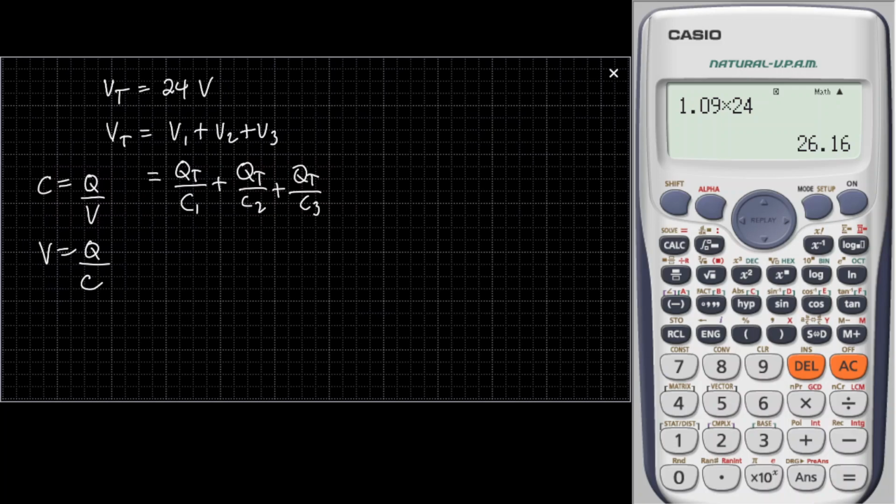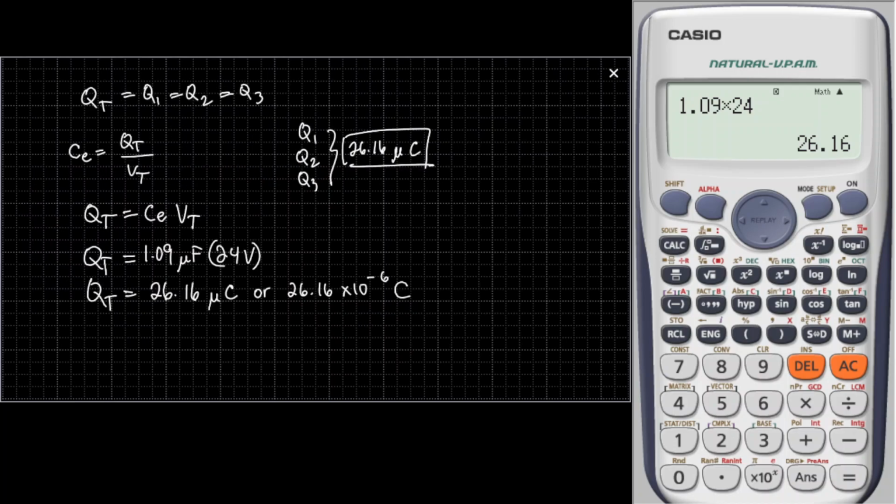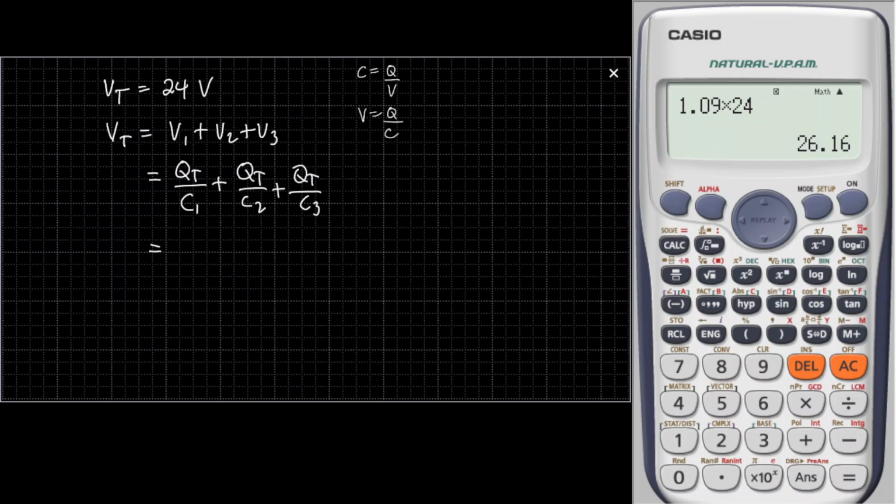Okay? So what would happen here? So going back, what is our QT? Remember, the QT we got earlier is 26.16 microcoulomb. So you get 26.16 microcoulomb over C1.